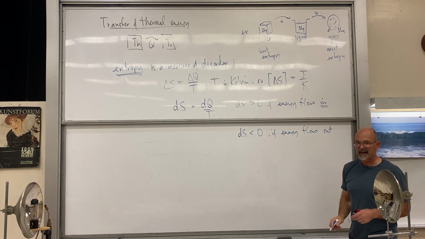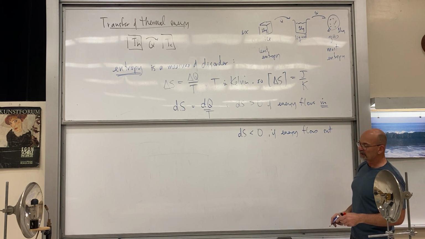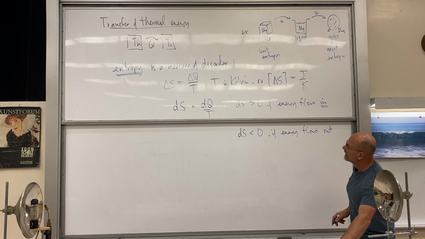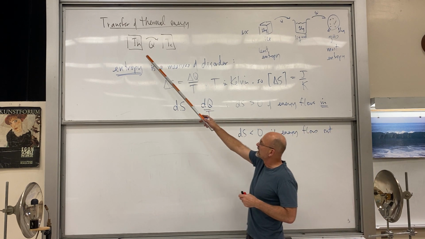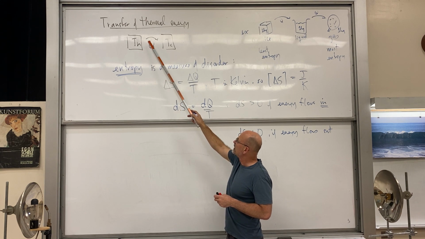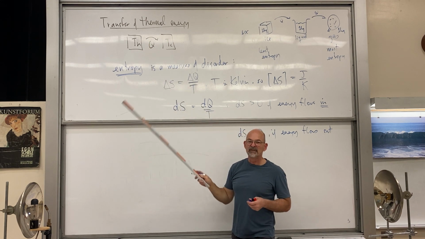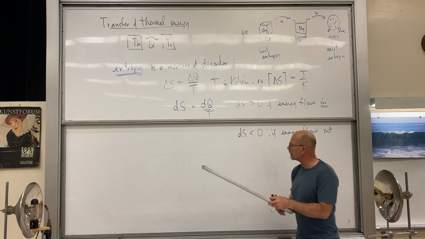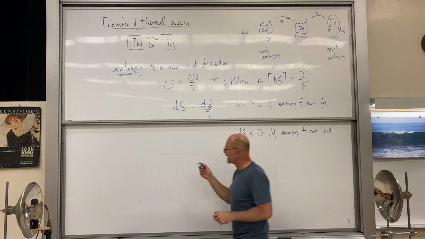So we'll just take that as a convention. And we're thinking of energy flowing into an object. This picture is really nice in the sense that we have energy flowing out of T_H and the same amount flowing into T_C. We're going to analyze that in a moment. Let me first give some examples.